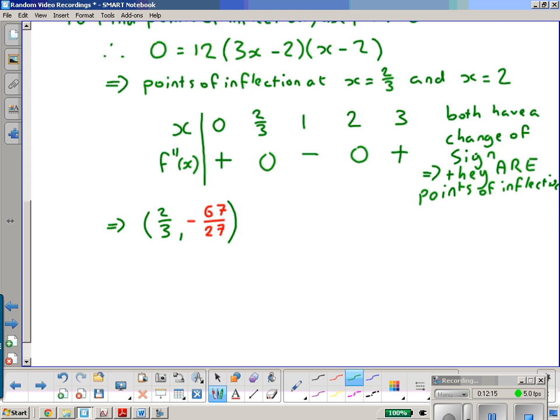That's what we get. And that is a non-stationary point of inflection.